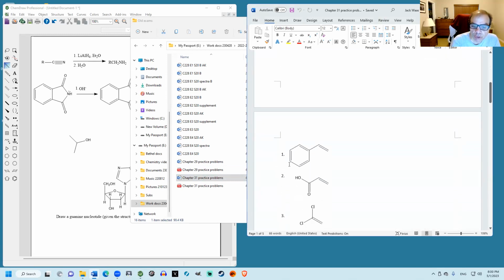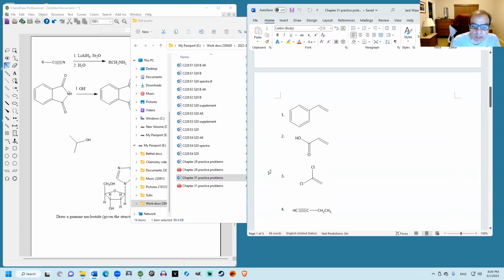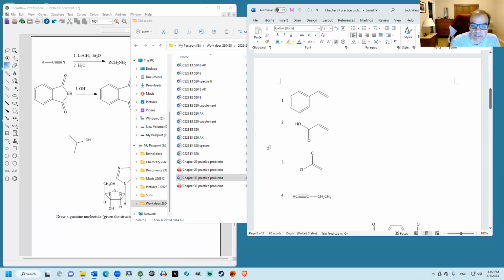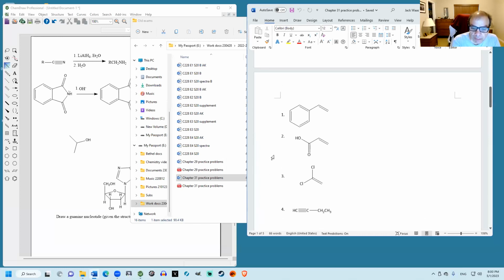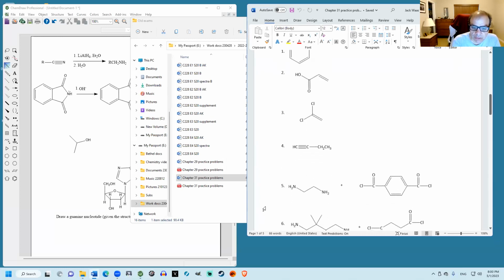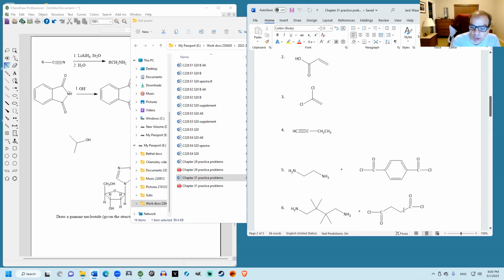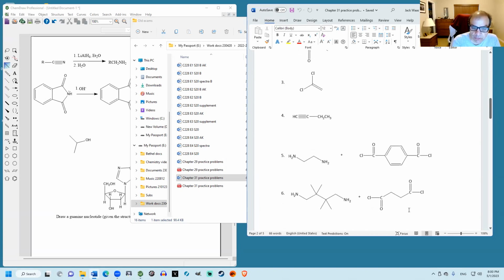And then finally in chapter 31, focus on drawing polymers, drawing the structures of polymers. And I gave you a worksheet where I gave you the monomers. Here's 4 addition polymers that you'll get. Then we have some condensation polymers. This one would give a polyamide or a nylon. This one also a polyamide.